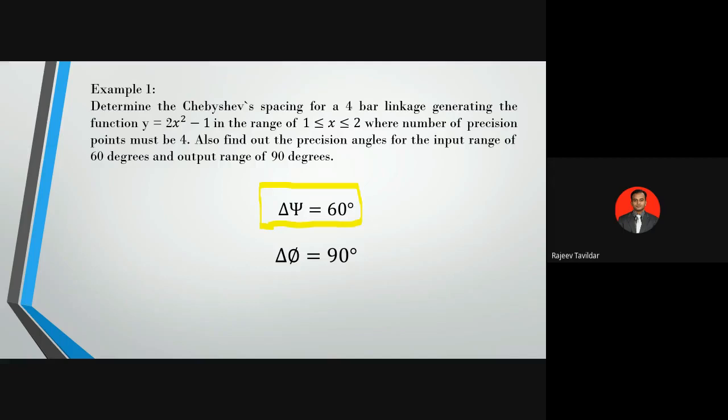So delta psi is the range of input angle. It is given to us as 60 degrees in the problem statement. And I'm going to use delta phi as a terminology to describe the output angle. So phi angle represents the output link. So delta phi is the range of output link, which is given to us as 90 degrees.